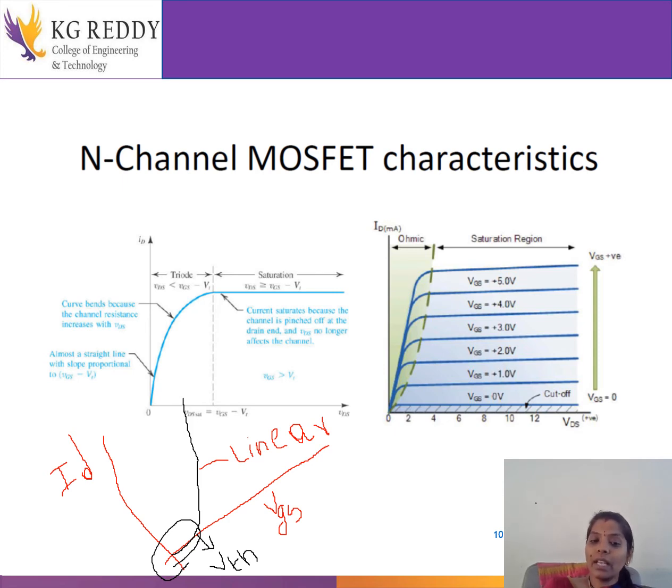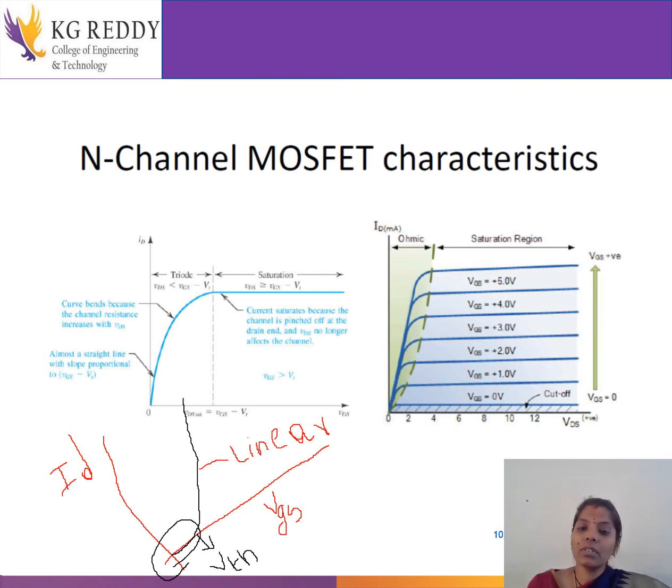And as it shows a linear increase, we say the device is operating in the linear mode or linear region. The name has come from this plot: linear.